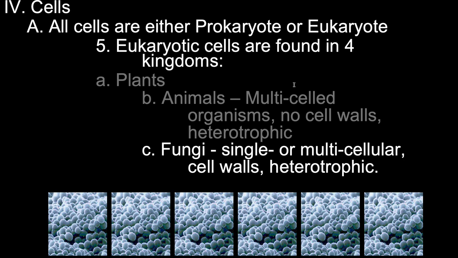Fungi. So you probably knew a lot about plants, even more about animals. Fungi are a little bit different and somewhat distinctive because you can find examples of fungi that are single-celled, like the yeast that are pictured here, or multicellular, like the mushrooms you might put on your pizza. Fungi also have cell walls.